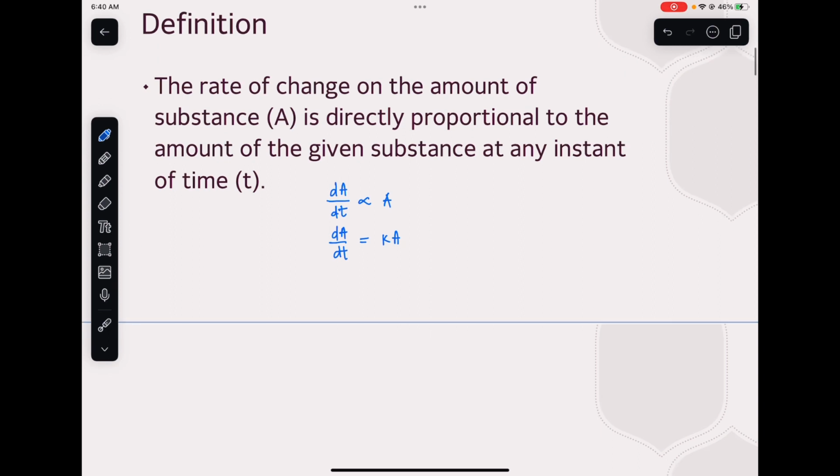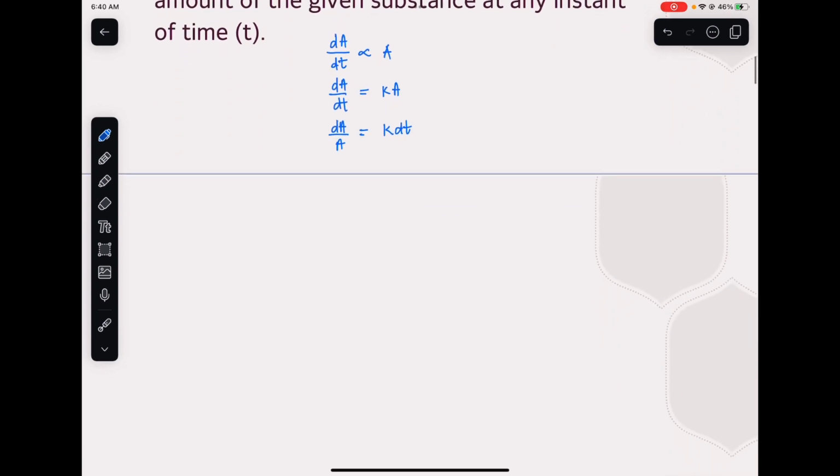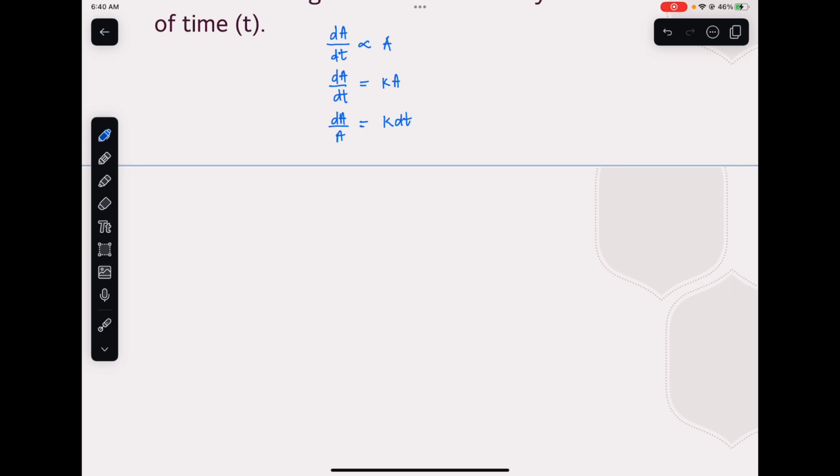We can transform this into dA over A, equal to k dt. And from here, we can now integrate.